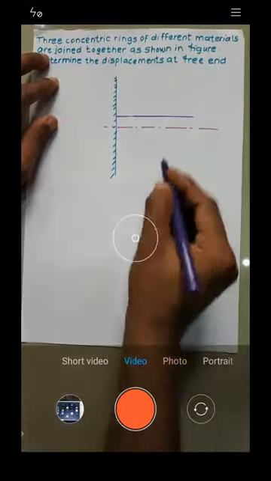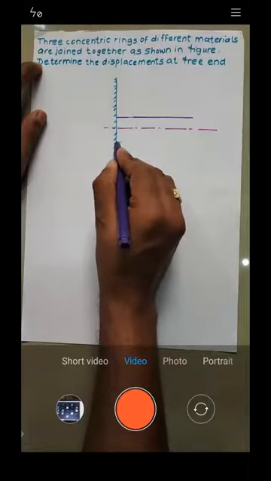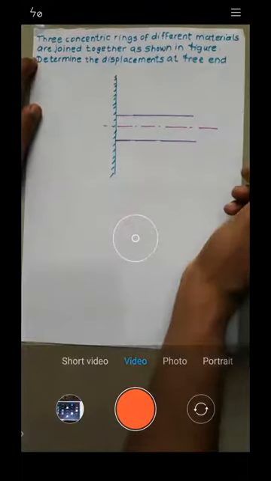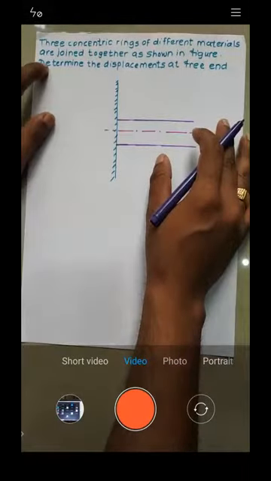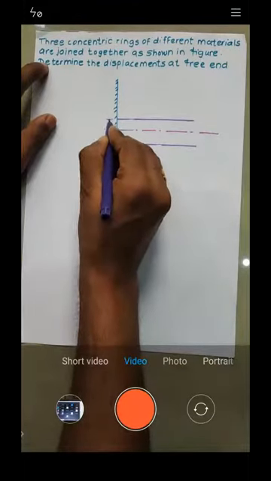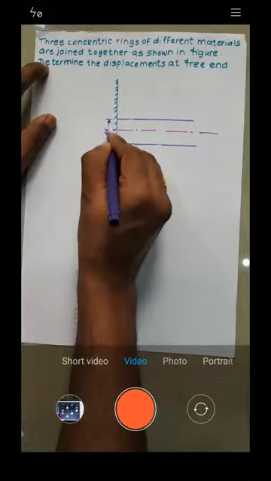This is one ring. Obviously the ring will be circular. This is the inner diameter of the first ring, and let that inner diameter be 15. I will write down phi is equal to 15.